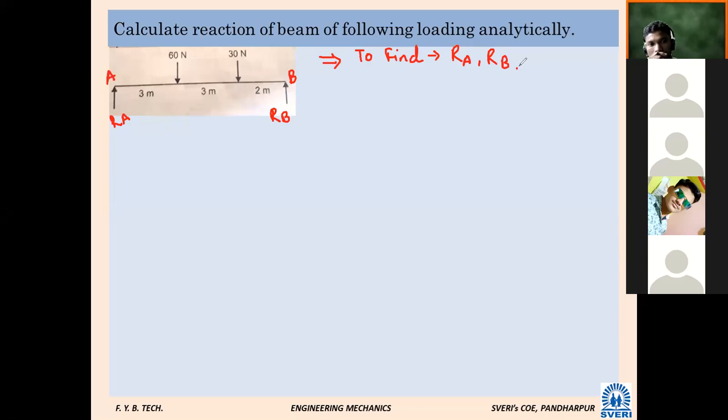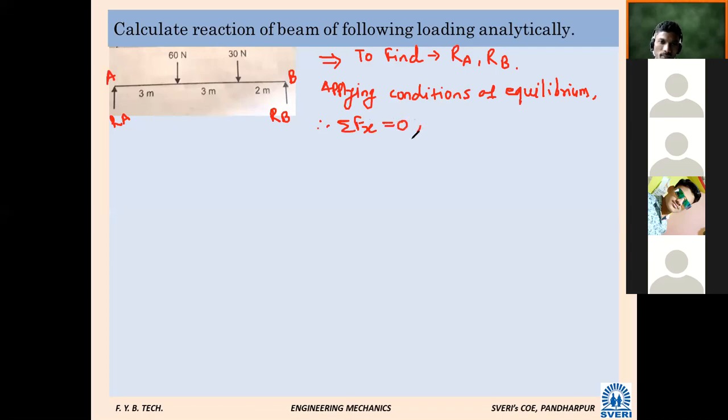Summation Fx is equal to zero, summation Fy is equal to zero, and the summation of moments due to all forces is also zero. Applying the conditions of equilibrium, first, summation Fx is equal to 0.